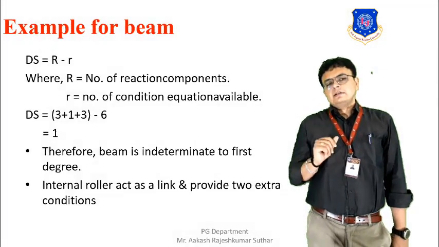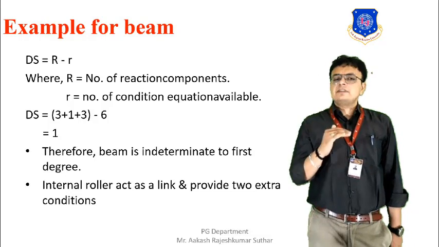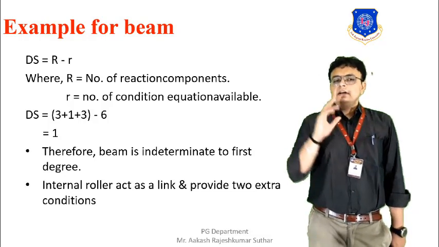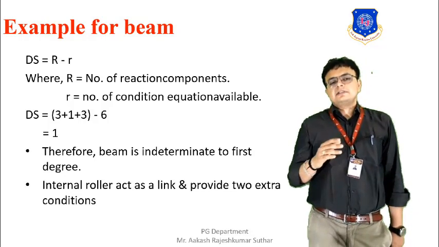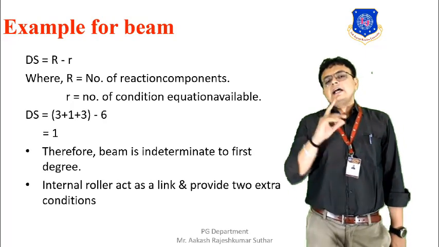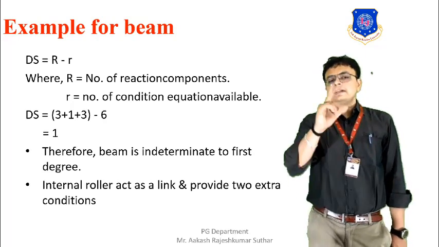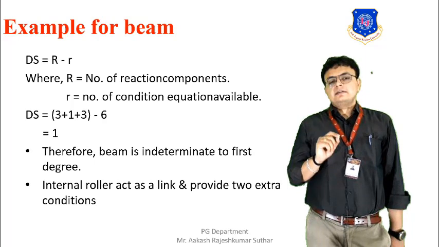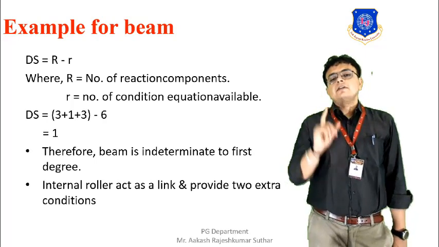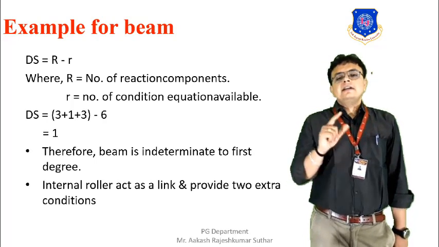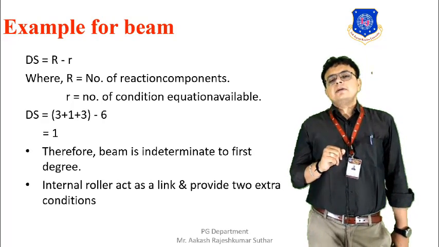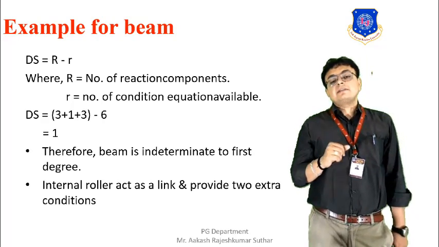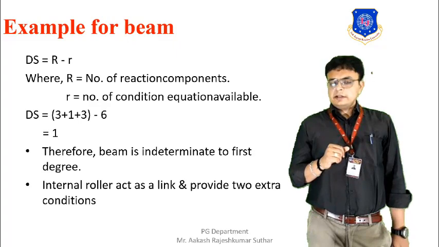basically, for any kind of beam, in the previous session we have discussed that the degree of static indeterminacy will be equal to R minus r, where capital R is the number of reaction components and small r is the number of condition equations that are available.